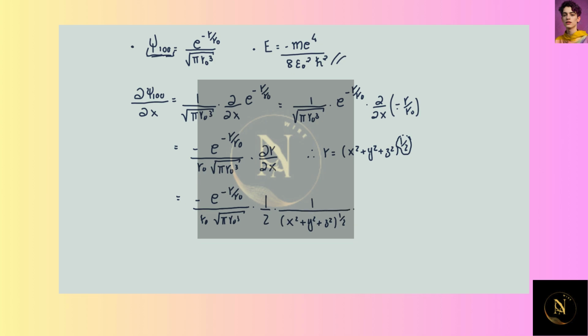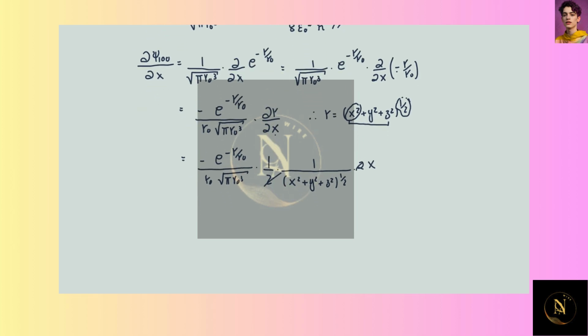And now we have the derivative of the inside, the derivative of x squared plus y squared plus z squared. As we are taking the derivative with respect to x, only the first term will be affected, and we get the derivative of x squared, which is 2 times x. These factors of 2 simplify, and we get minus e to the minus r divided by r0, divided by r0 times the square root of pi r0 cubed, times x over r.